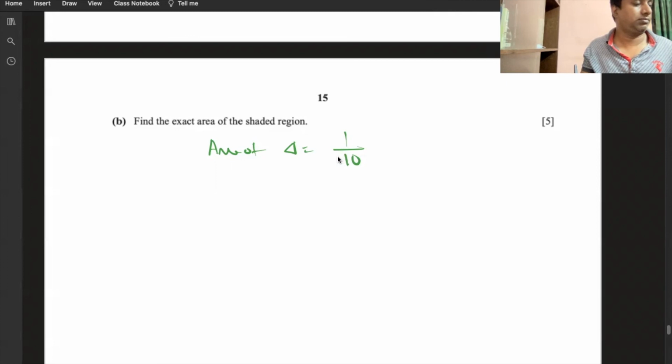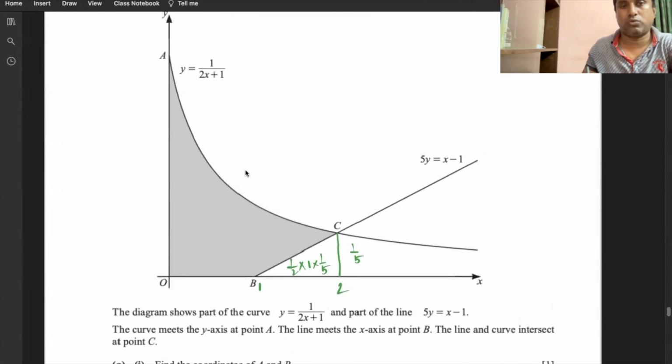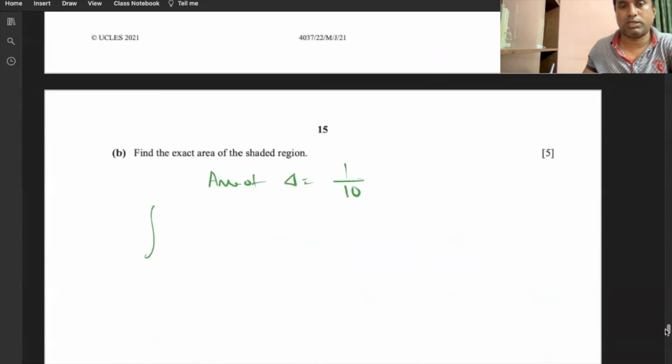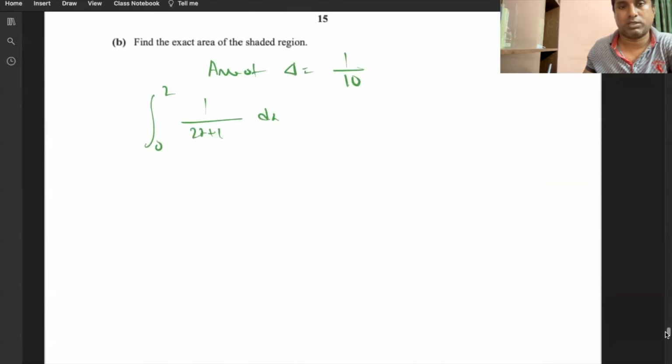Now we can integrate this one: from 0 to 2, y equals 1/(2x+1) dx.